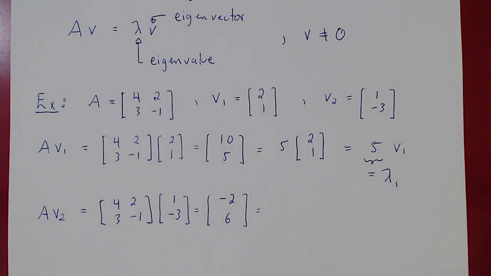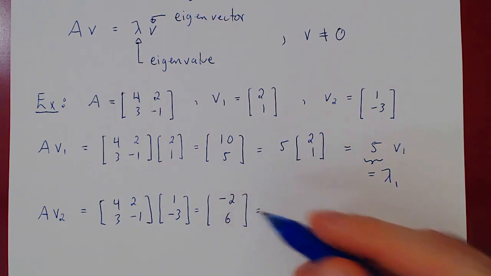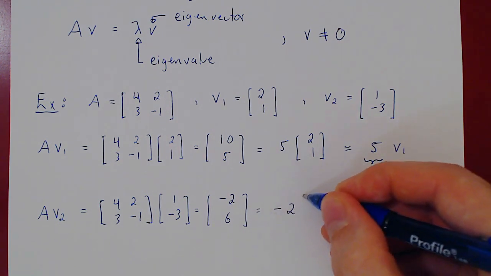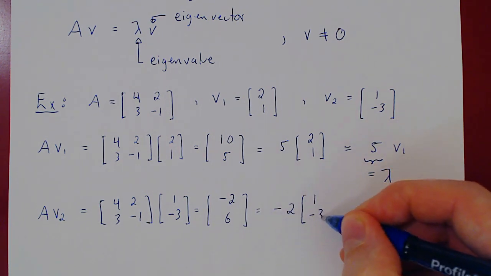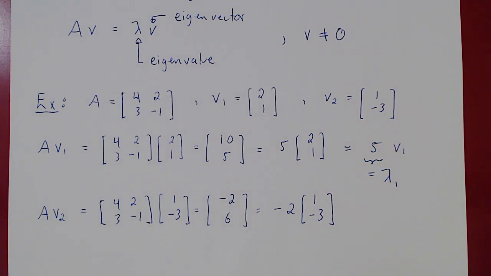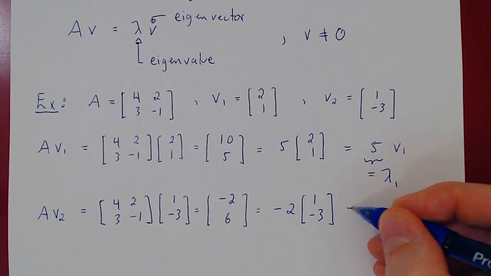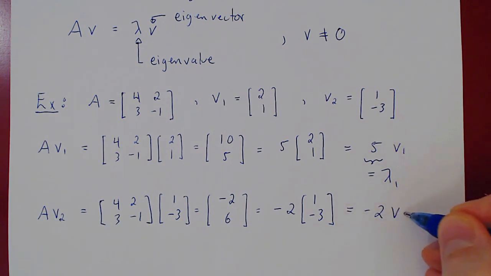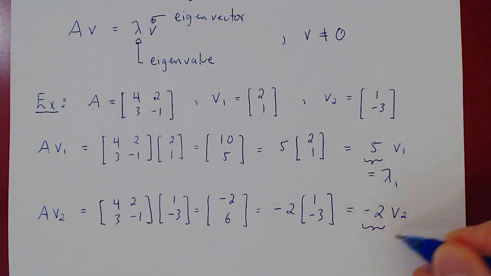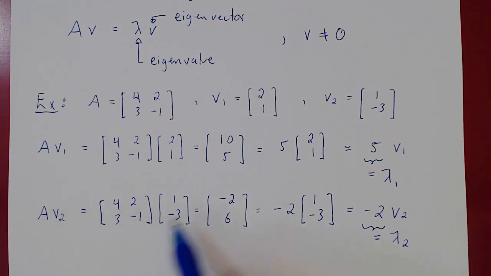Well, we can factor a negative 2 from this vector, and we get negative 2 times the vector 1, negative 3. So A times V2 is simply negative 2 times V2, and hence the value negative 2 is the corresponding eigenvalue, which we call lambda 2. So A times V2 is just negative 2 times V2.